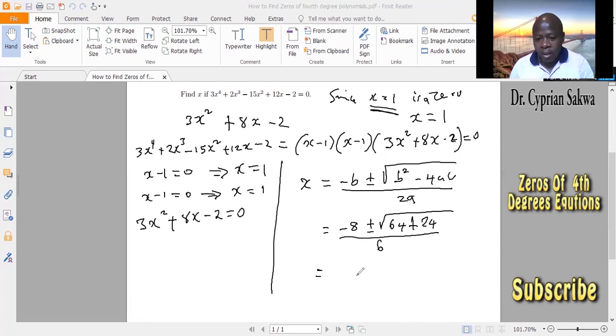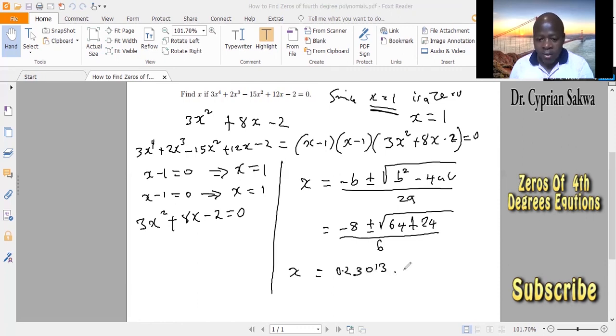Let me just use my calculator. And I'm getting x to be 0.2301. It's a very long thing, but let me do it to 5 decimal places.